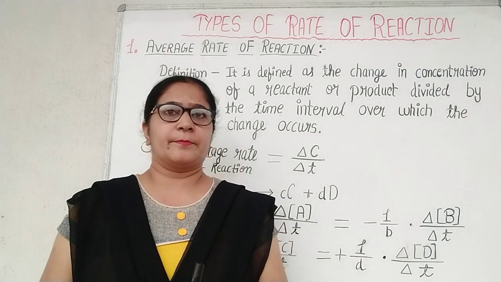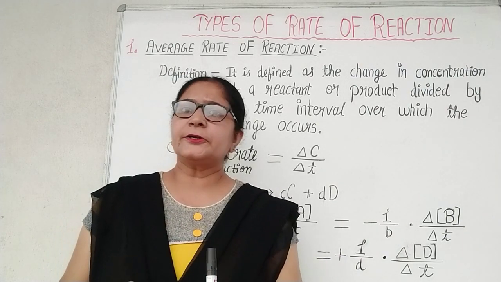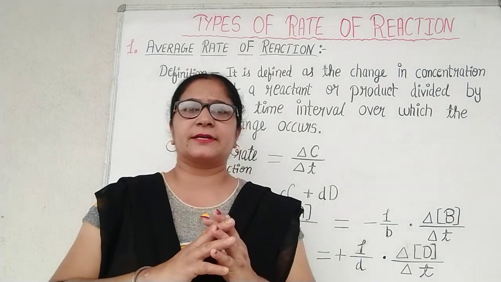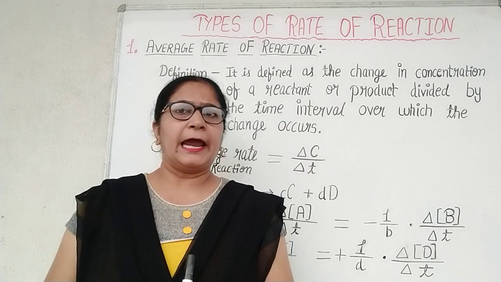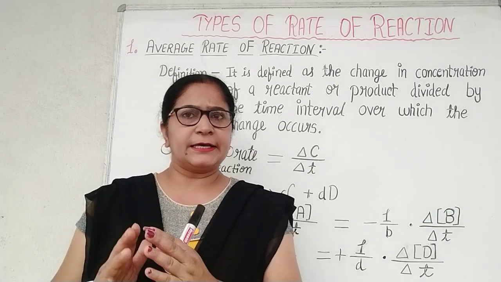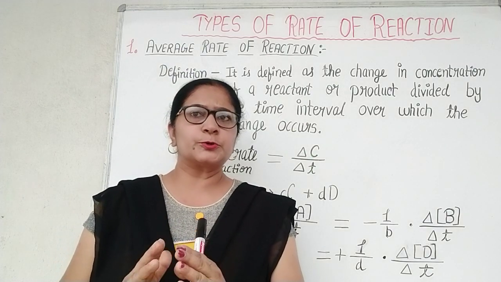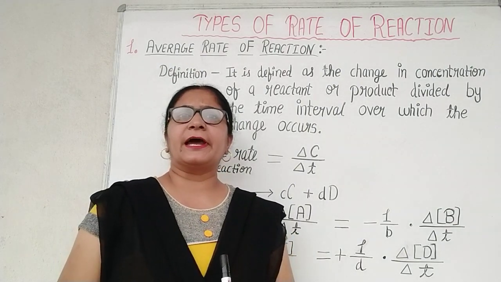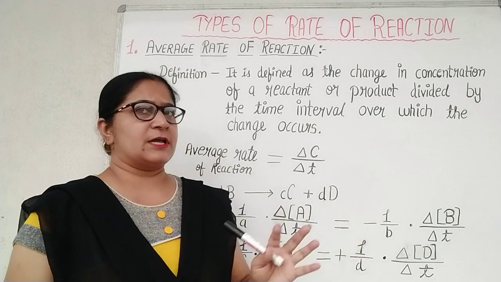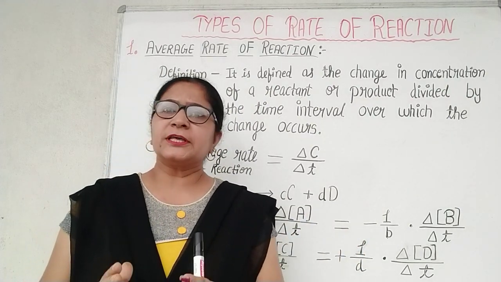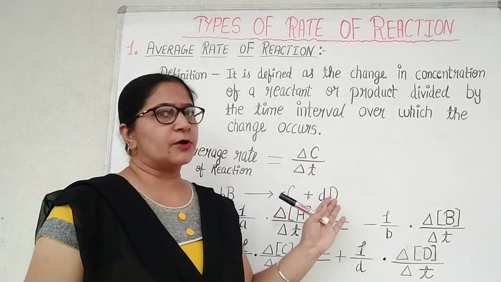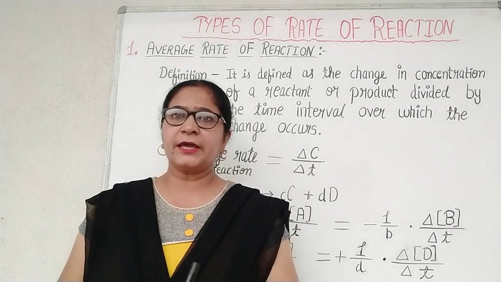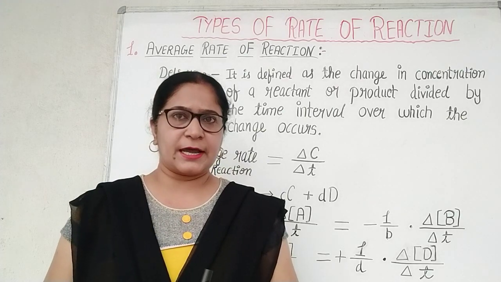We should take equality between all those reactants and products, and also remember that the stoichiometric values should be the reciprocal. This was the average rate of reaction that you have observed, right?